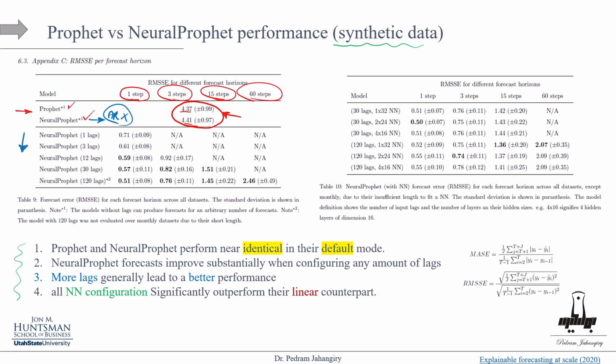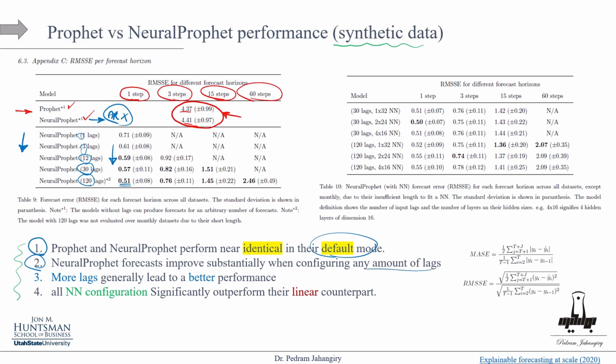As you can see, as the lag numbers increase, the performance gets better because the root mean squared scaled error is decreasing. That's one observation, and I think I covered the first one: Prophet and NeuralProphet are identical to each other in terms of performance in their default mode. The second one: NeuralProphet forecast improves substantially when configuring any amount of lag.